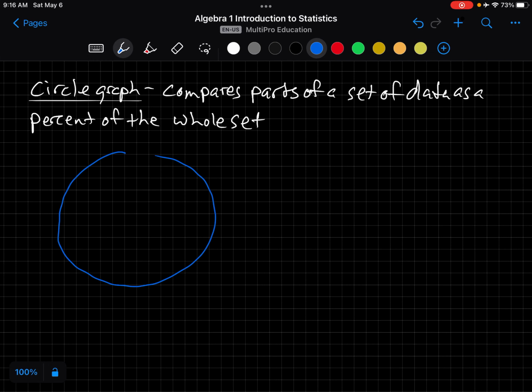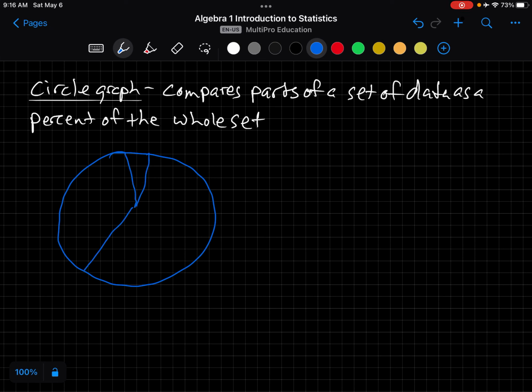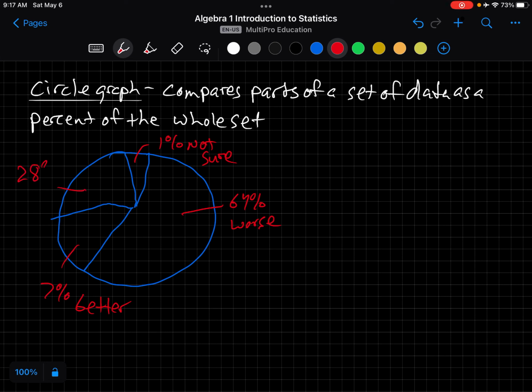All right, so let's look at one here. We're going to say this is 1% not sure. This is 64% worse. This is 7% better, and I know my pie chart doesn't look that accurate. And this is 28% same. These were the answers of a survey. And what was the survey?